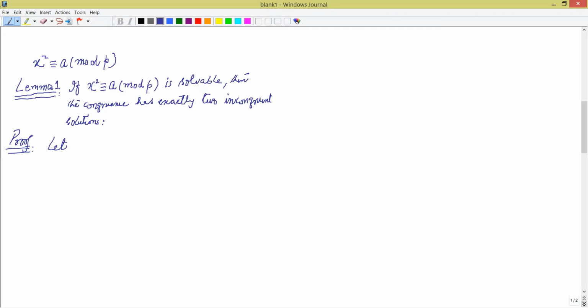Let alpha be a solution of x square congruent to A modulo P. Then alpha square is congruent to A modulo P, because if alpha is a solution, it means alpha must satisfy this congruence.